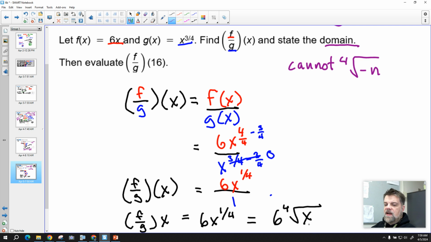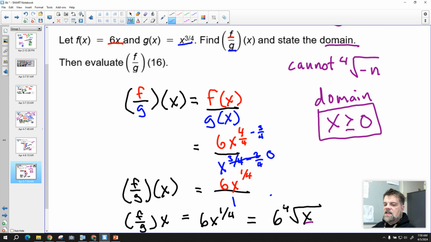So that means that my x value here has to be what we call non-negative. In other words, my domain has to be x is greater than or equal to 0. It has to be that.